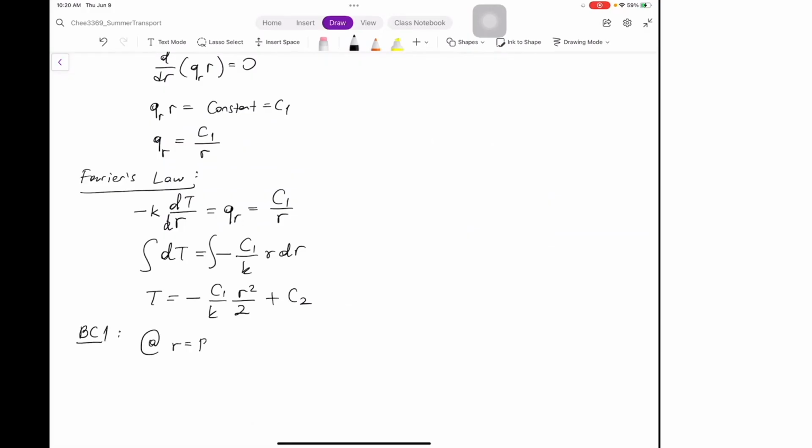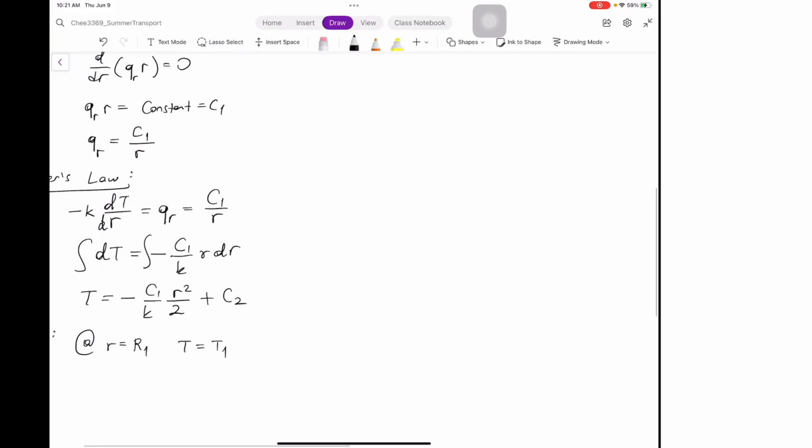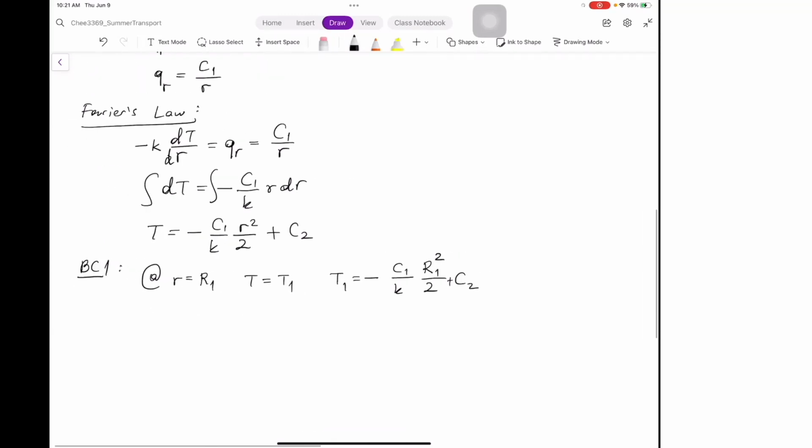At R is equal to R1, let's call the temperature T1. And then from here you get T1 is equal to minus C1 over K R1 squared over 2 plus C2. And the boundary condition 2, at R is equal to R2, T is equal to T2.